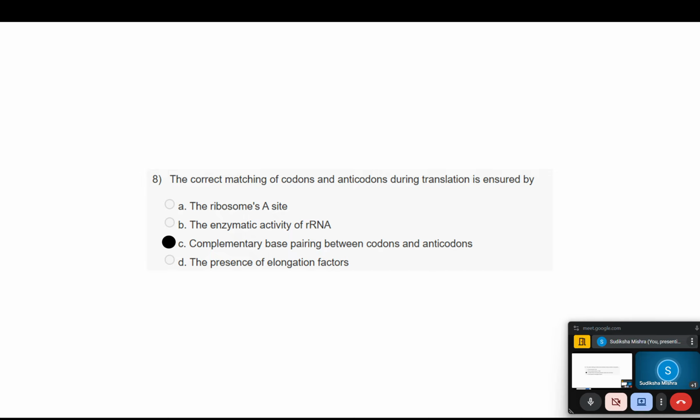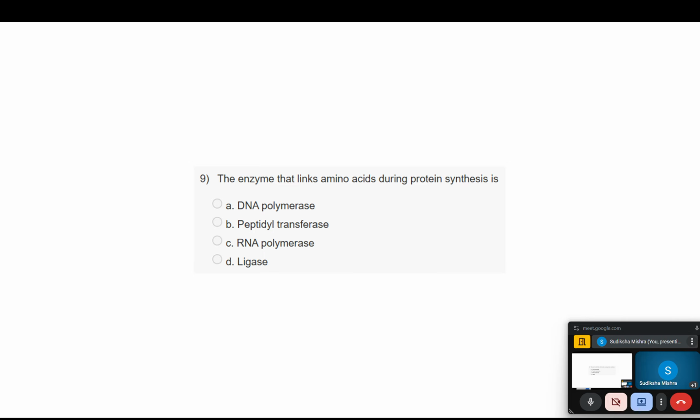The answer is complementary base pairing between codons and anticodons. The enzyme that links amino acids during protein synthesis is DNA polymerase, peptidyl transferase, RNA polymerase, ligase. It's peptidyl transferase. It catalyzes the formation of the peptide bond.